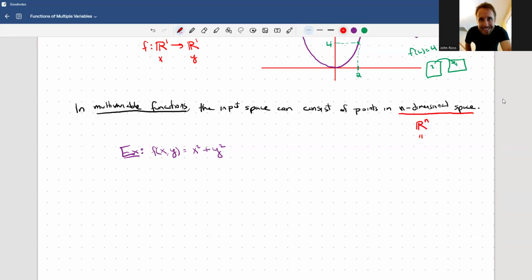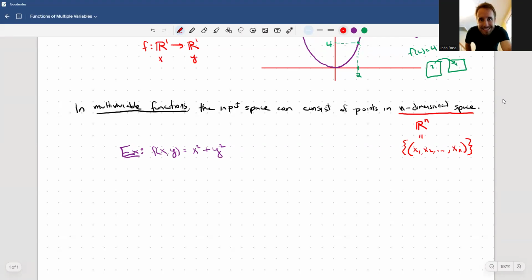And Rn is just the set of ordered numbers x1, x2, up to xn. So it's a list of ordered real numbers, and there are n of them. And so the space of all Rn is the set of all such ordered lists of numbers like this.